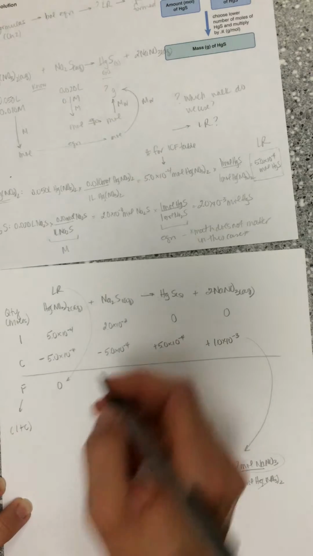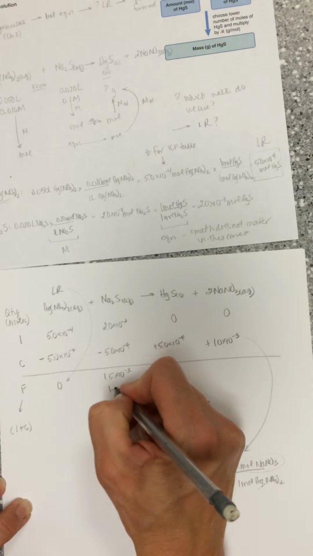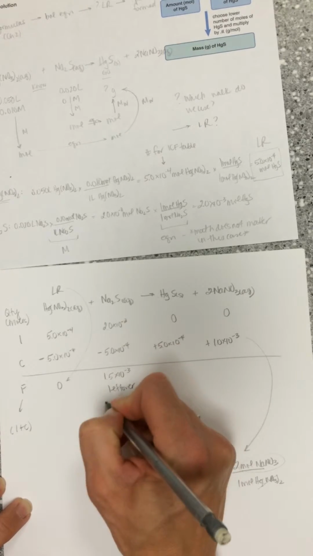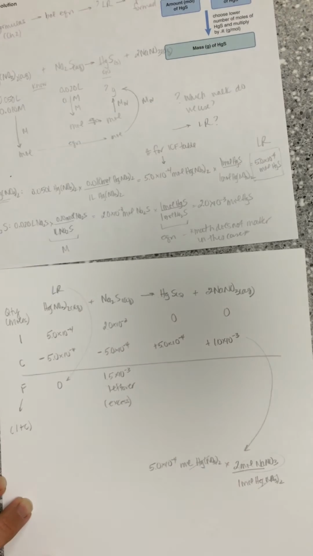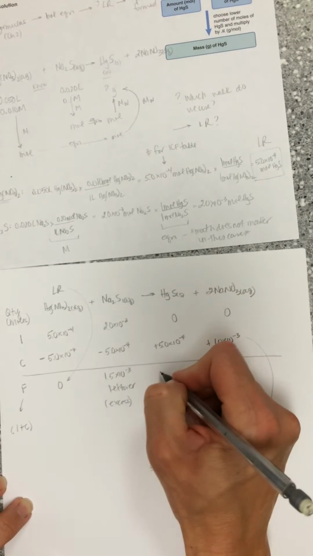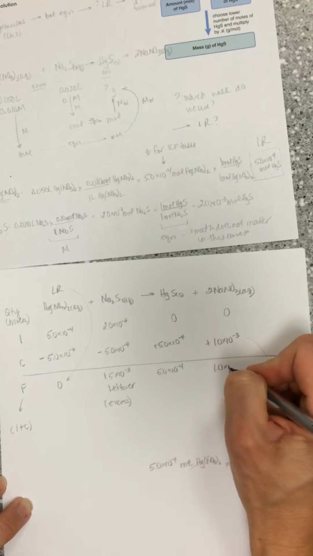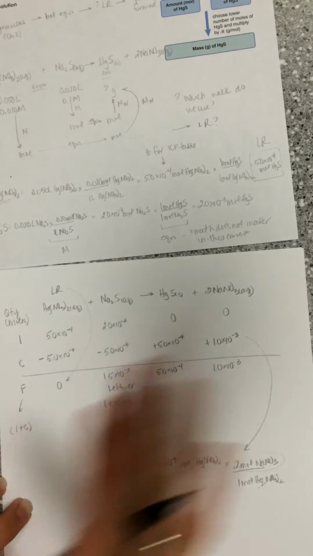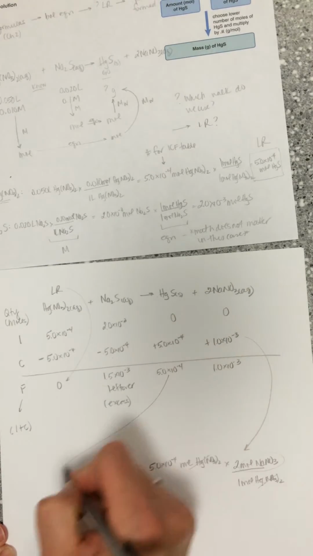So when we add these two together, we see that we have 1.5 times 10 to the minus 3rd moles left over of this reagent, or in excess. Okay, if you ever get a negative number here, that indicates you probably made a mistake with this problem. Same thing here as we have 5 times 10 to the minus 4th, 1 times 10 to the minus 3rd. So that's our reaction table, and now we're ready to go on and finish this problem.